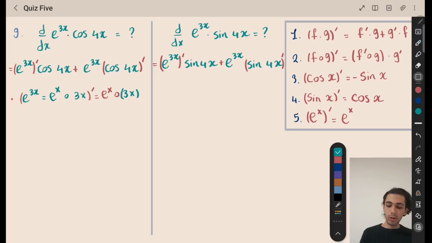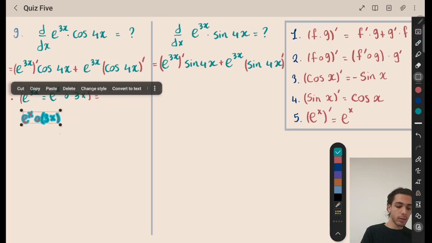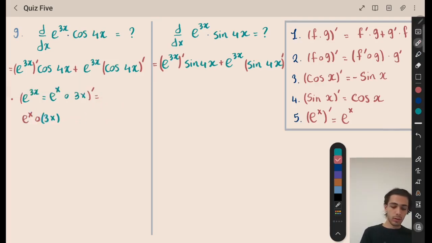But then you still need to multiply by the derivative of the inside function, which is 3x prime. Okay, so this is getting a bit simpler. I know how to do this part. I just plug in 3x into e to the x. That's literally what I wrote here. So this is just e to the 3x.